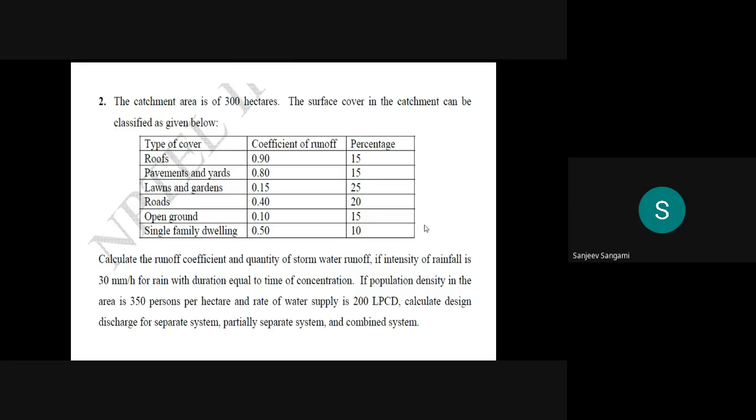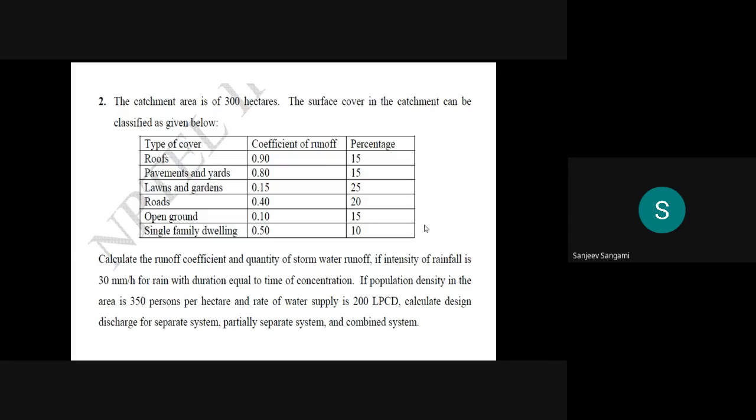I'll tell you what kind of variations they will make. The same problem has appeared 3 or 4 times in the ES examination, with a slight difference. I'll tell you what they did.